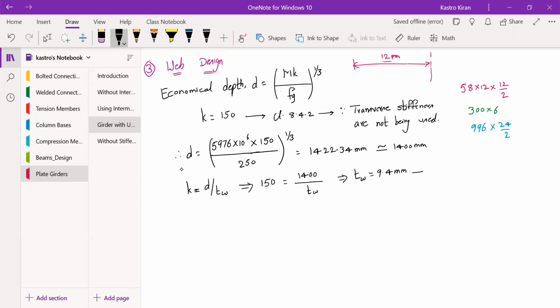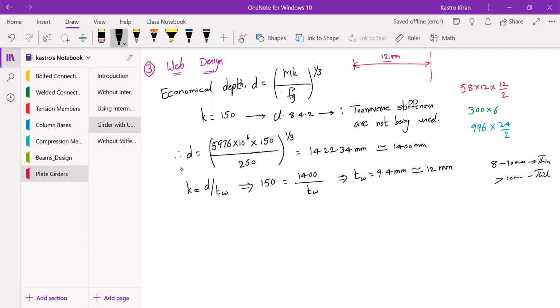So you can round off this value to 10 mm, or you can also round off this value to 12 mm. If you use 10 mm, it will become a thin web. I told you in the second model of problem, when you are using the thickness of the web in between 8 to 10 mm, it will be a thin web. So greater than 10 mm will be the thick web.